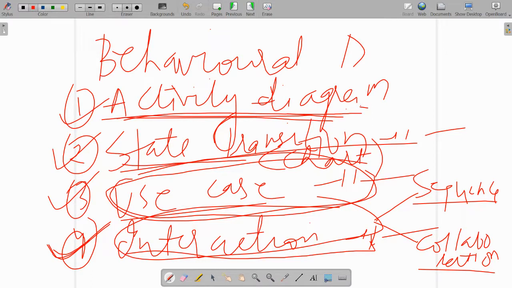To enable this type of interaction in the development of a software system, a language was developed which is used to simplify the complex process of software design. Software development is actually a complex process. How can we simplify this complex process into a simpler one? That can be done by using UML.